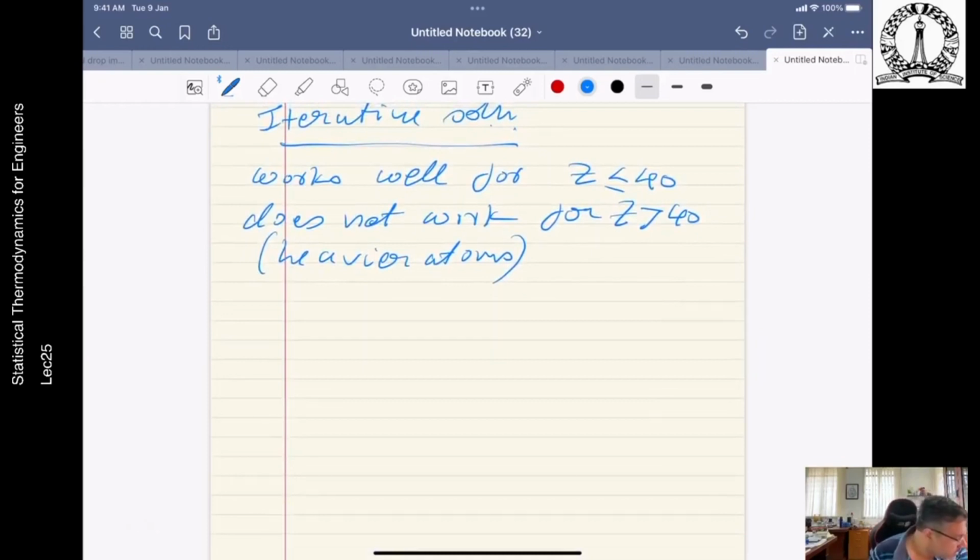Okay, so it works, but for similar calculations for larger atoms and for diatomic molecules, it does not really work that way.